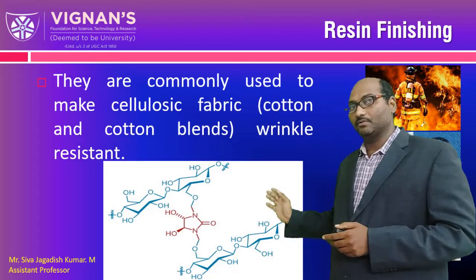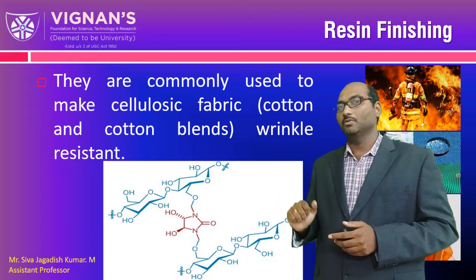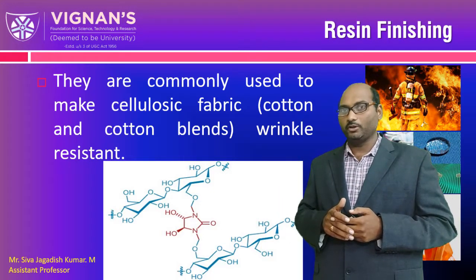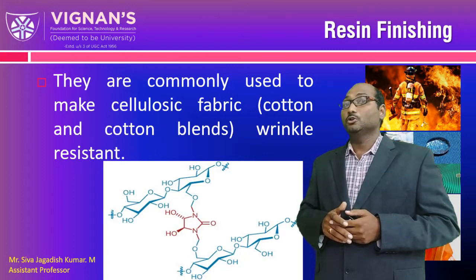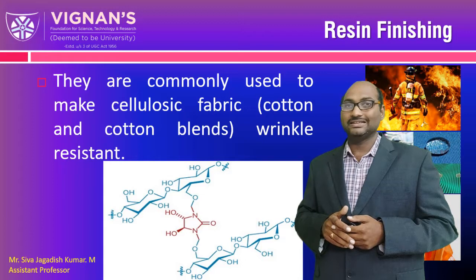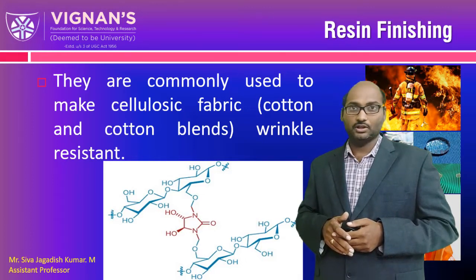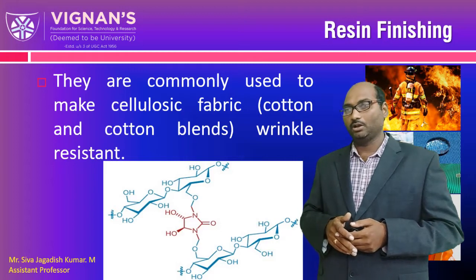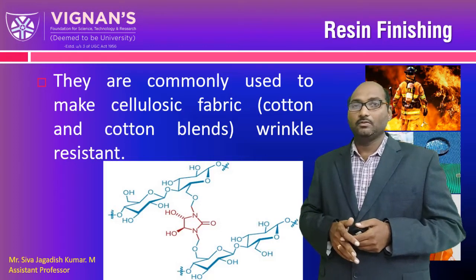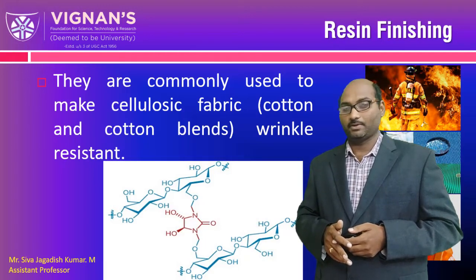You can see in this picture how the resin interacts with two sets of cellulosic polymer chains. These resins are commonly used on cellulosic fabric, cotton and also viscose rayon and their blends, to make them wrinkle resistant.